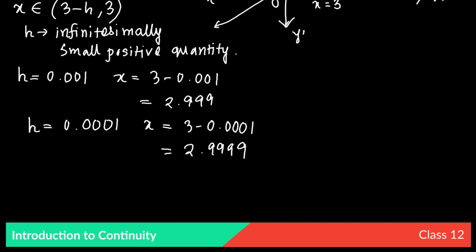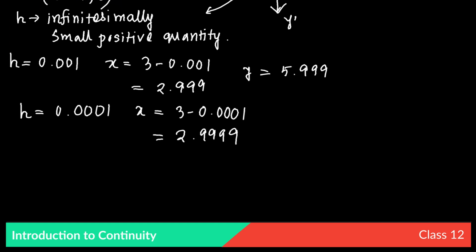So for the first one, when h is 0.001 and x is 2.999, what is the value of y? When y is equal to f(x) equals x plus 3, y is actually 5.999. Now corresponding to h equals 0.0001, x is 2.9999, so the corresponding value of y will be 5.9999.